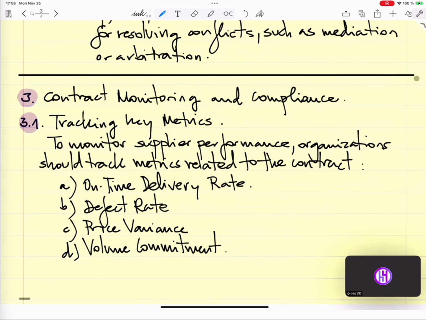So these are the KPIs. I mean, there are many.